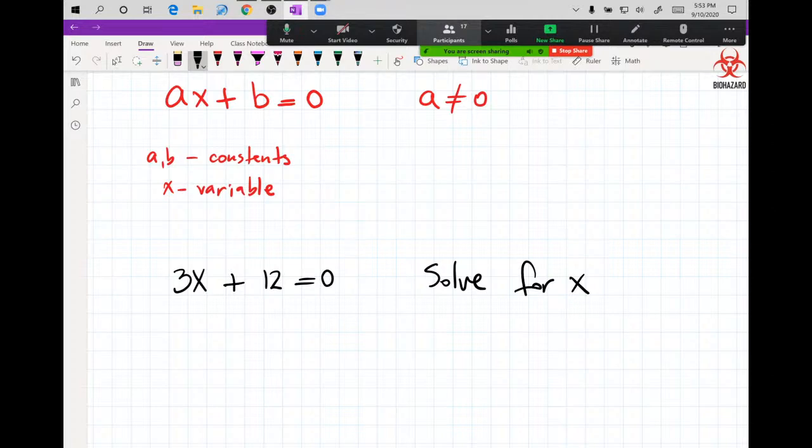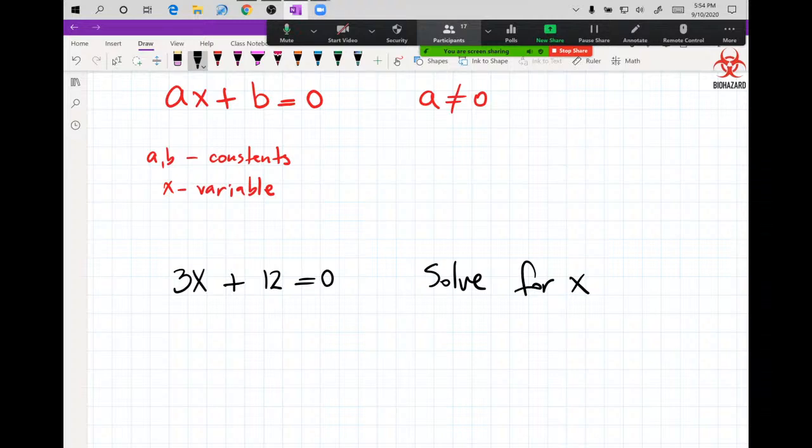So our goal is to solve for x, which means I have to kill off these numbers 3 and 12. Now, which one goes first? Which one goes second? You can use PEMDAS backwards to determine which one to remove first.